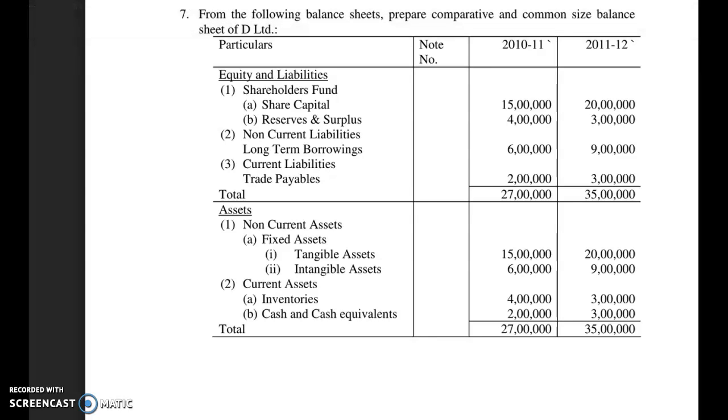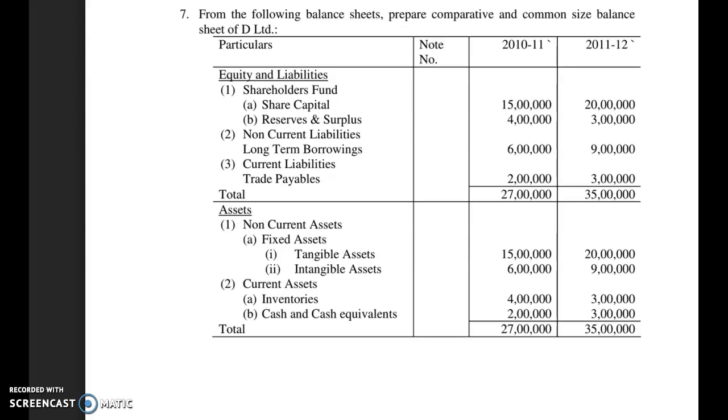When we started this part of our syllabus, I shared with you that this part is associated with the analysis of financial statements. And when we have to make the analysis, automatically we need certain tools with the help of which we can analyse financial statements.